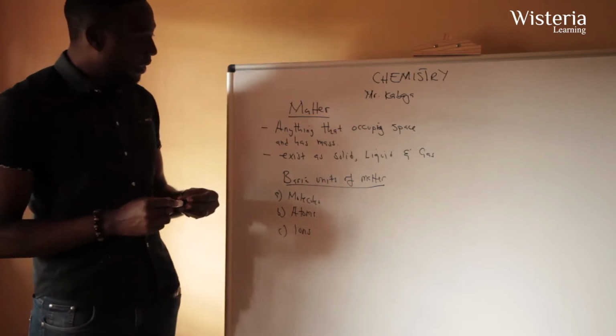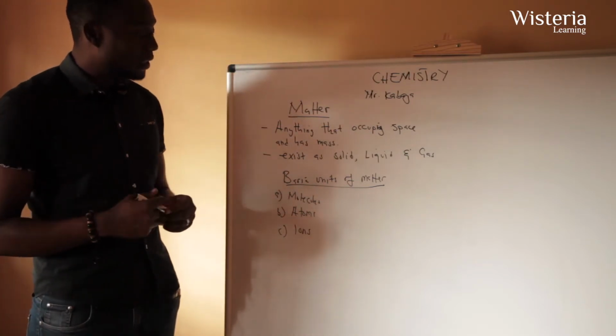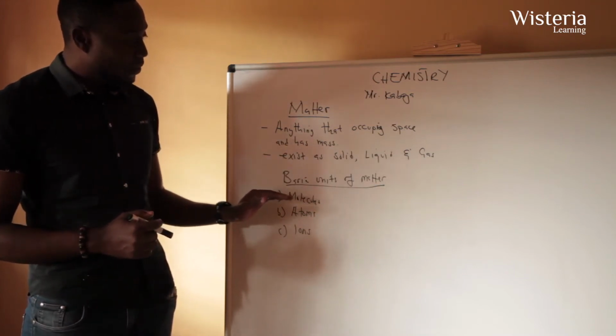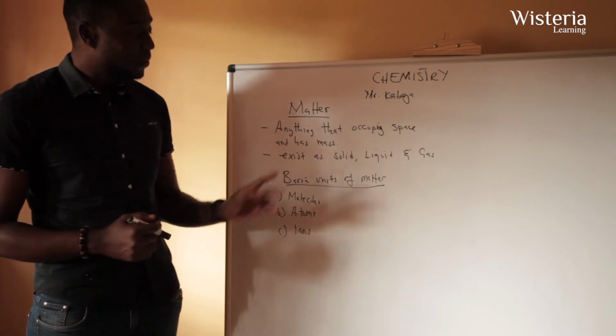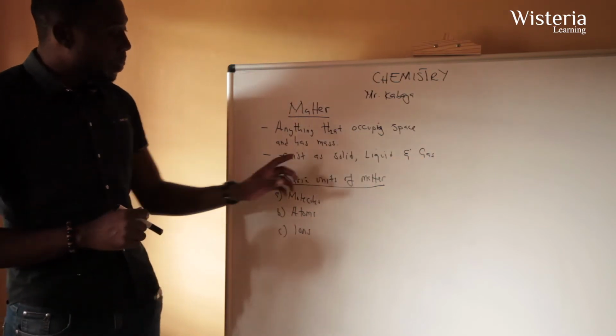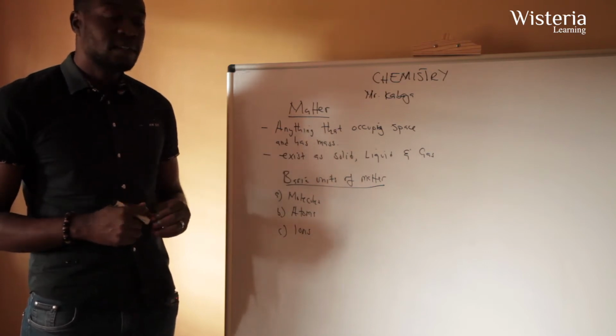We have said matter exists as a solid, liquid, and a gas, and the basic units of matter are the ones that make up what a solid is, what a liquid is, and what a gas is.